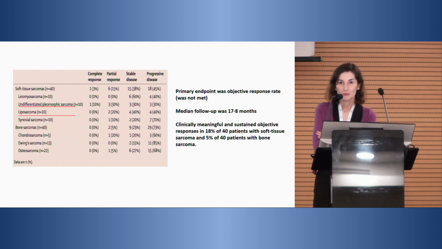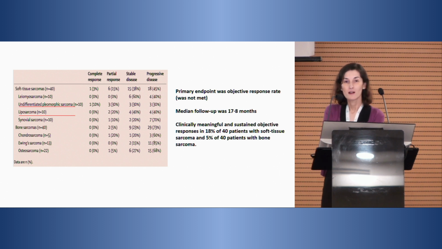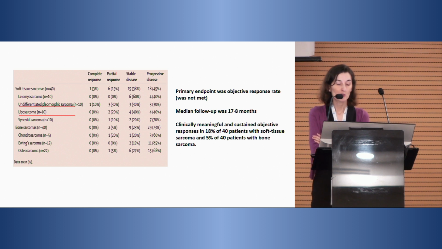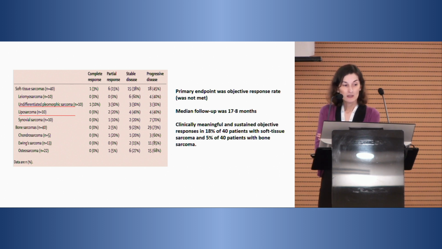Despite the excitement around the study, unfortunately, the results were quite disappointing. As you can see, most of the patients actually progressed. If we focus on the soft tissue sarcoma group, the undifferentiated pleomorphic sarcoma patients and the liposarcoma patients had some stable disease and some partial response, which was kind of a more positive outcome within a negative study.